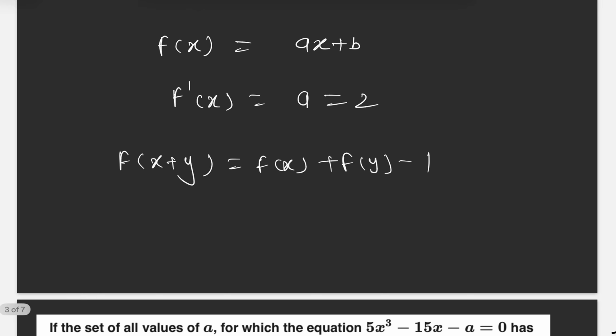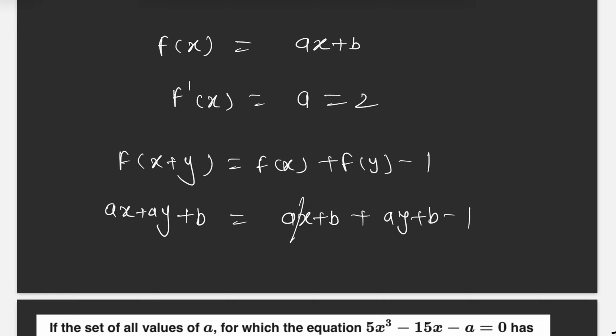What is f of x plus y? It is ax plus ay plus b. This is ax plus b, this one is ay plus b, and minus 1. So ax plus ay gone, and b is what? b will be 1.